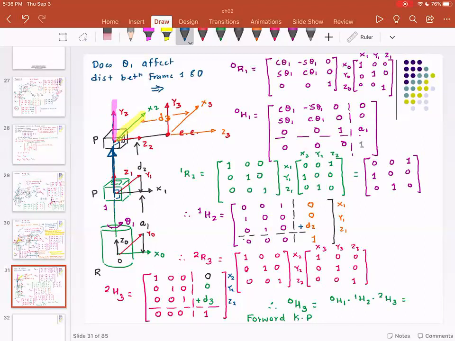And the answer to that question is no, because the rotation is about z and the distance is also about z. So no matter how much you rotate, the x0 and y0 will rotate along with rotation theta 1, but z0 is not going to rotate.